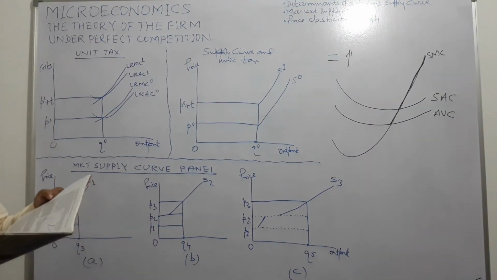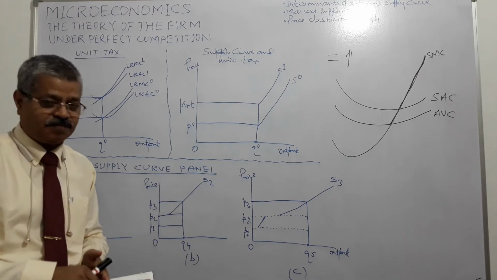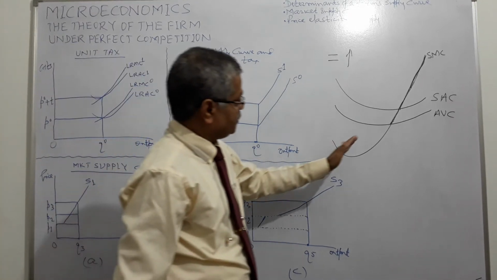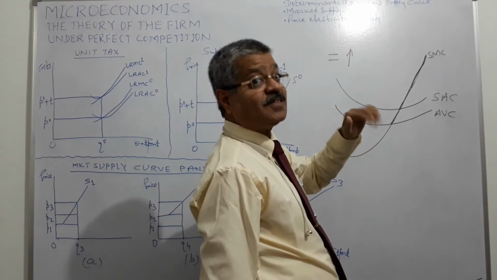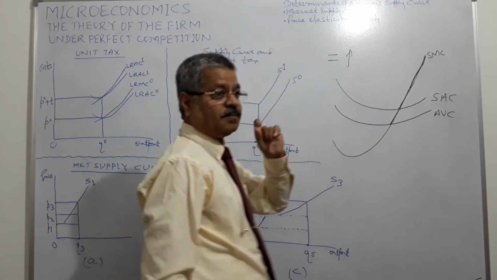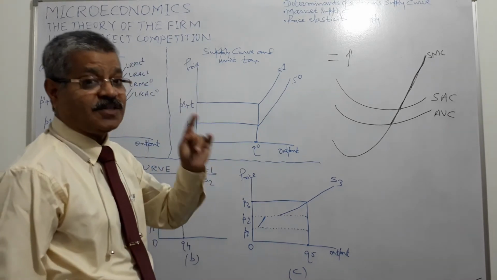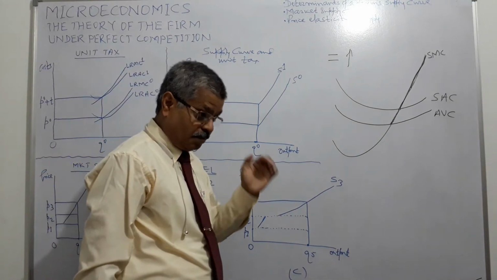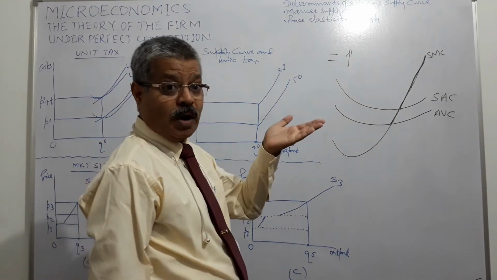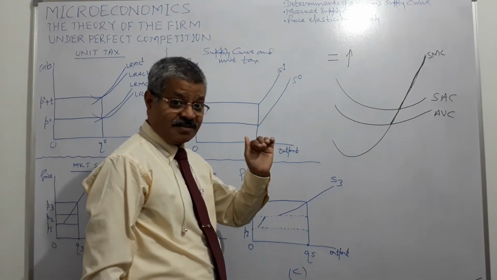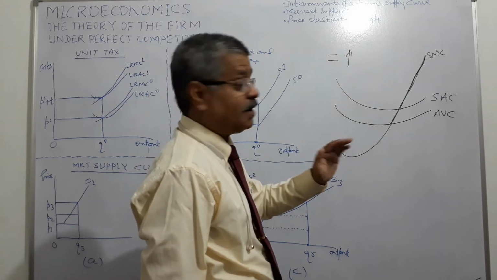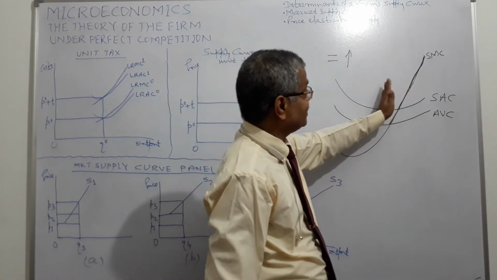So the firm will be able to supply more. And another is input prices. Suppose this is the short run supply curve. Input prices go up. Then what will happen? When the input prices go up, marginal cost will also go up. At that particular price level, the firm will be able to supply less.